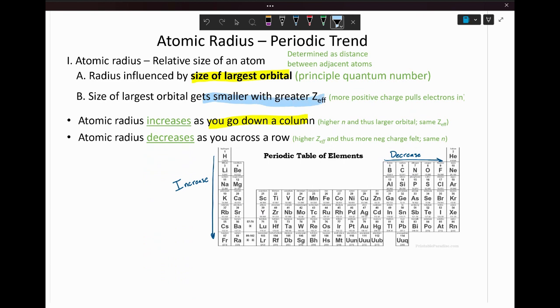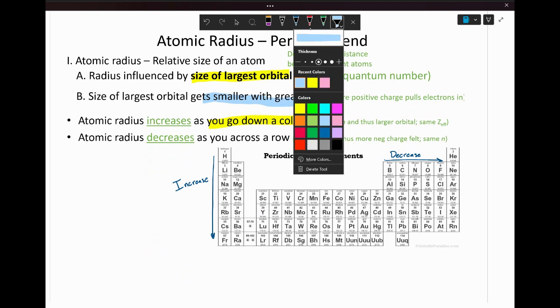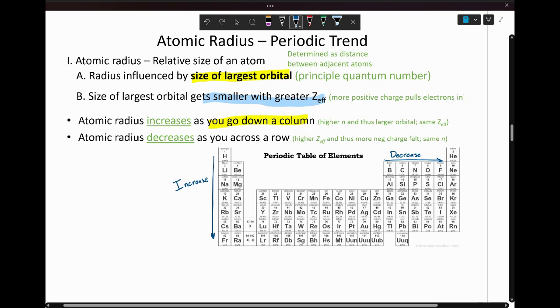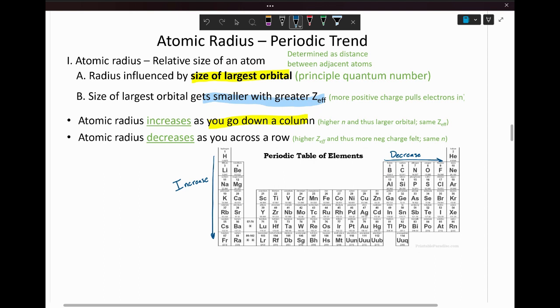So the larger that value for Z effective, the more attraction you have between the nucleus and your outer valence electrons. And so you have some compaction of that orbital as you go from left to right. And so we said that left to right, higher Z effective is the dominant thing that's affecting your size. Up to down, it's all about your change in N.